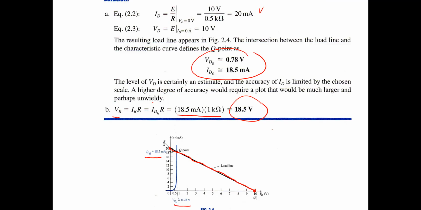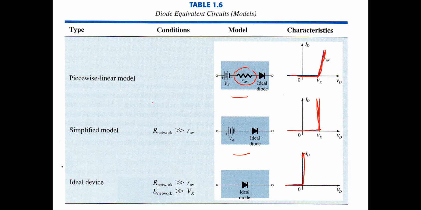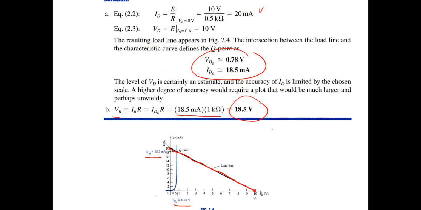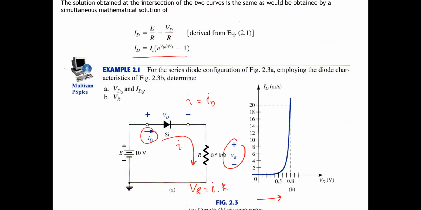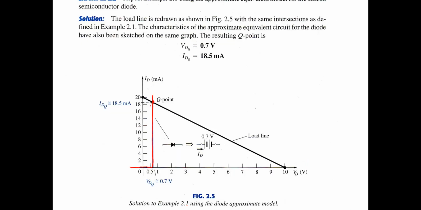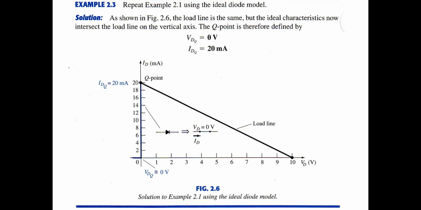Compared to this one, Vd key is 0.78, so there is some difference between the device characteristic and the simplified model. If we use the ideal model, the ID key is similar to the crossing on the y-axis, 20 milliampere.